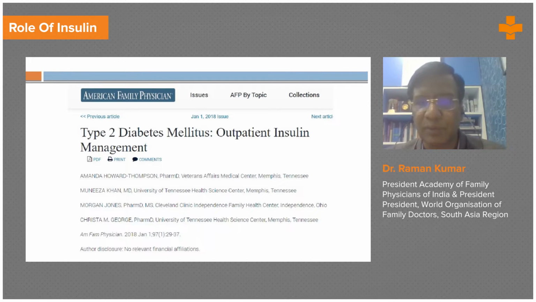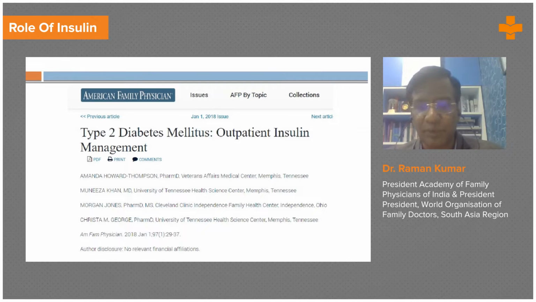in outpatient management of diabetes with the help of insulins, because often our concepts are not very clear about insulin as such. There's not one type of insulin.